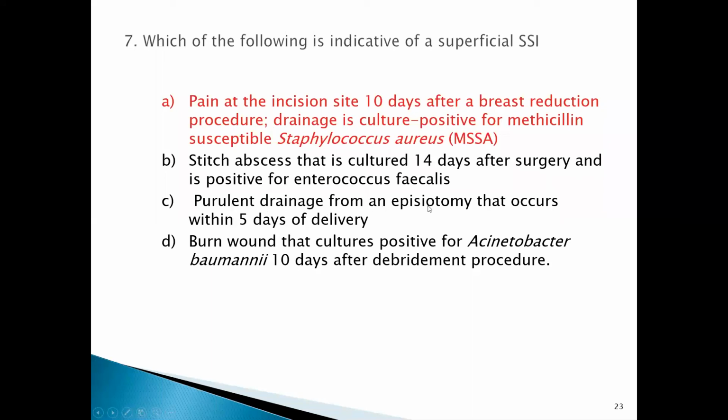This says that there's purulent drainage from an episiotomy that occurs 5 days from surgery, and it doesn't have any of those other findings like the physician diagnosis, pain, heat. It doesn't say anything about culture results either. And then the burn wound that cultures positive for Acinetobacter baumannii 10 days after a debridement procedure. Let's look at that.